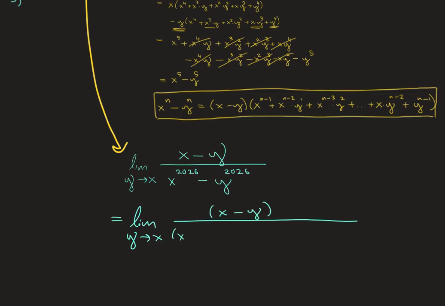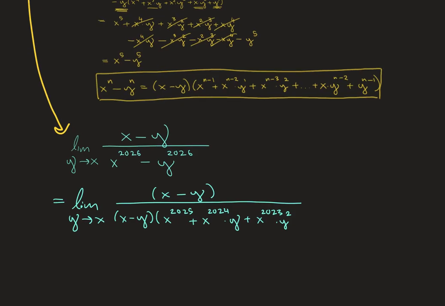Then we have x minus y, and then x to the 2025 plus x to the 2024 times y plus x to the 2023 times y squared, plus, at some point we're going to have an x, and then it would be y to the 2024, and last but not least, it'd be y to the 2025.